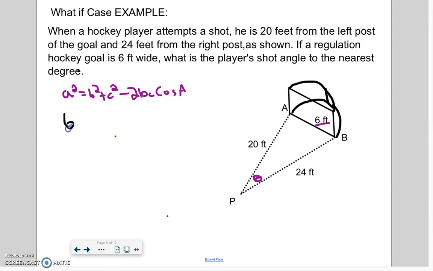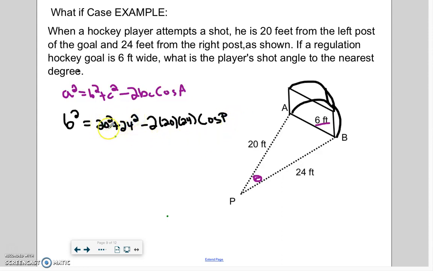So 6 squared is equal to 20 squared plus 24 squared minus 2 times 20 times 24 cosine of P.